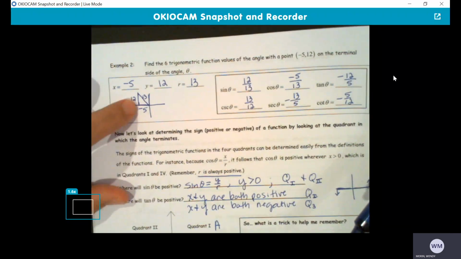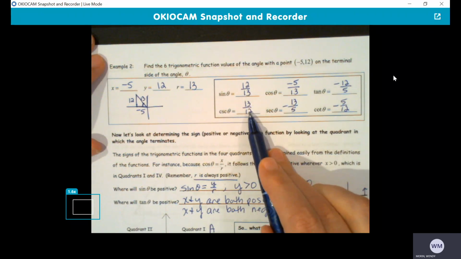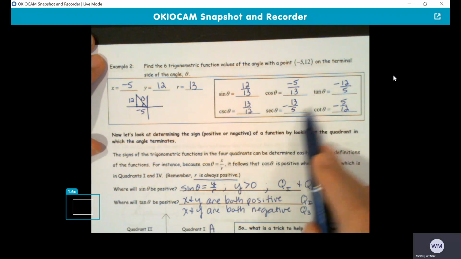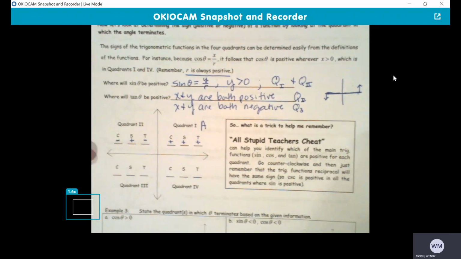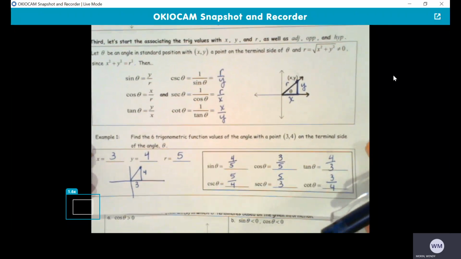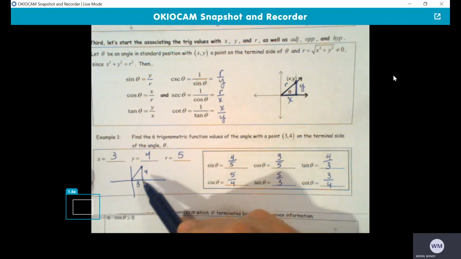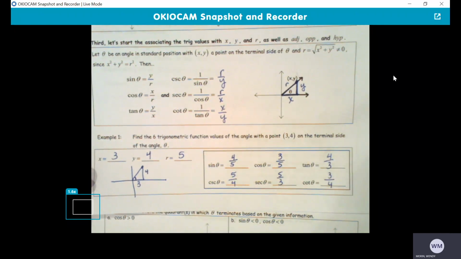This is the second quadrant reference angle. Look at what's positive here. Sine and its reciprocal. Everything else is negative. So tangent is negative and cosine is negative in the second quadrant. We go back to the example number 1. What's positive when your reference angle falls in the first quadrant? All trig functions are positive in the first quadrant.